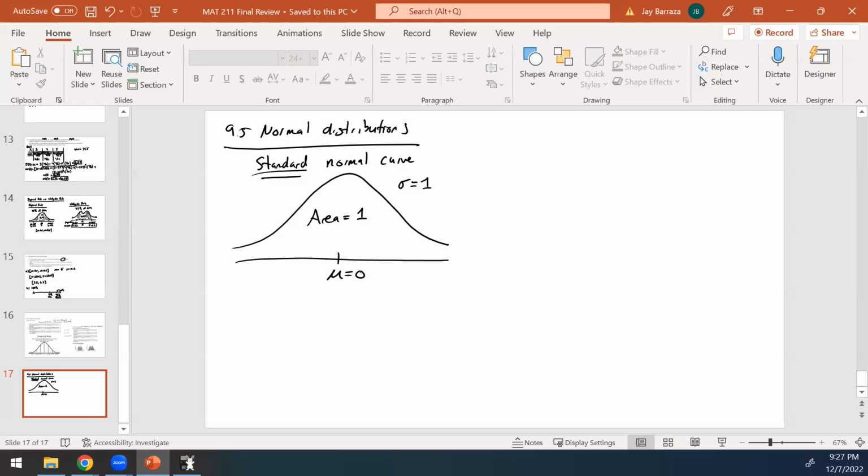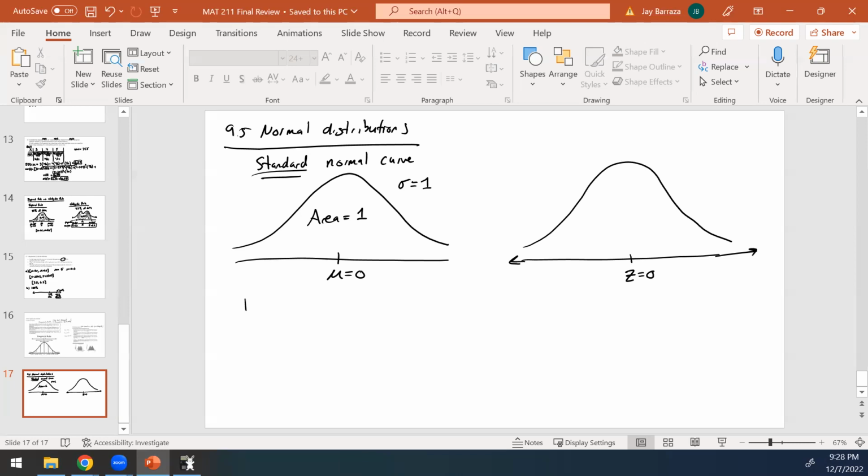Any questions on that? So what we're going to investigate and what we care about, when we're talking about a standard normal curve, is what are known as z-scores. Instead of using the mean and the standard deviation, we call this the z-score. So z equals 0, and then we move from there.